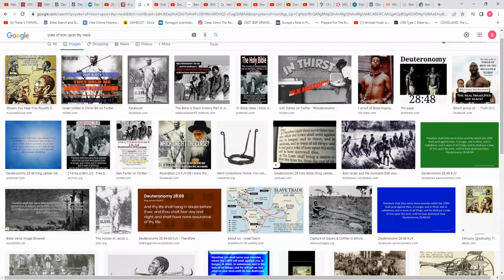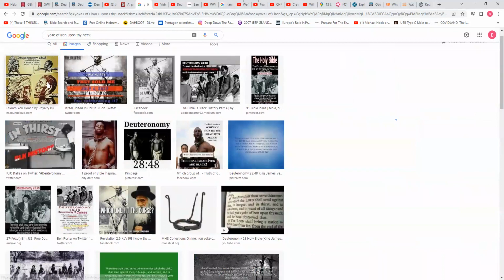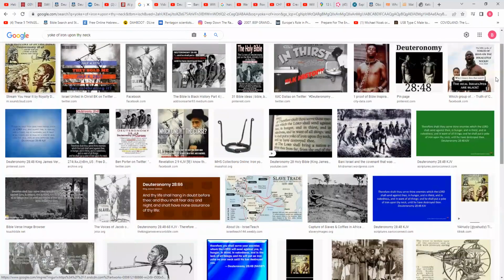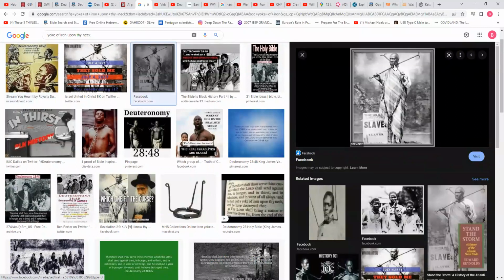And what you see, our history is in the Bible, Deuteronomy 28:48. And he shall put a yoke of iron upon thy neck. You can see the man's wearing a Hebrew garment, a long robe.